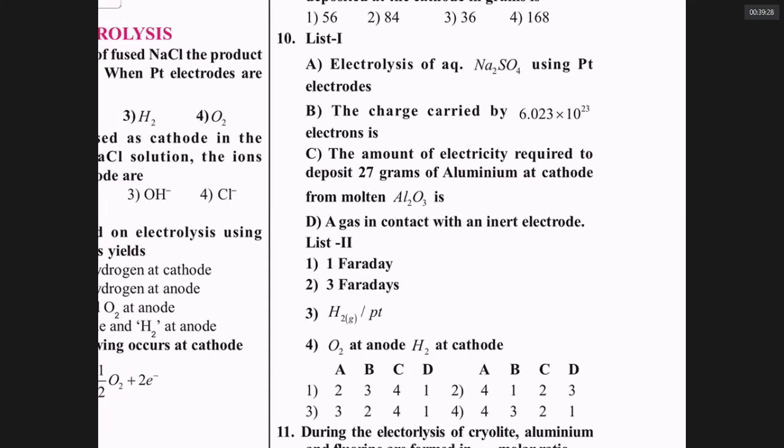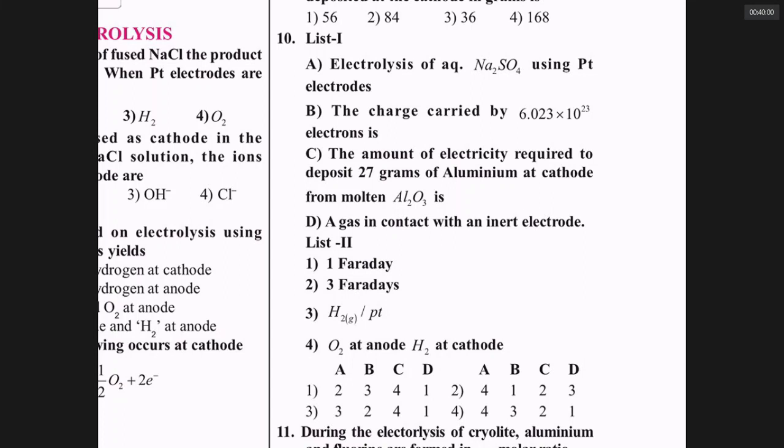Whenever I am taking Na2SO4 and using platinum electrodes, Na has lower reduction potential than water, so it will not gain electrons. The sulfate ion has lower oxidation potential than water. For oxidation, the one with high oxidation potential undergoes oxidation.